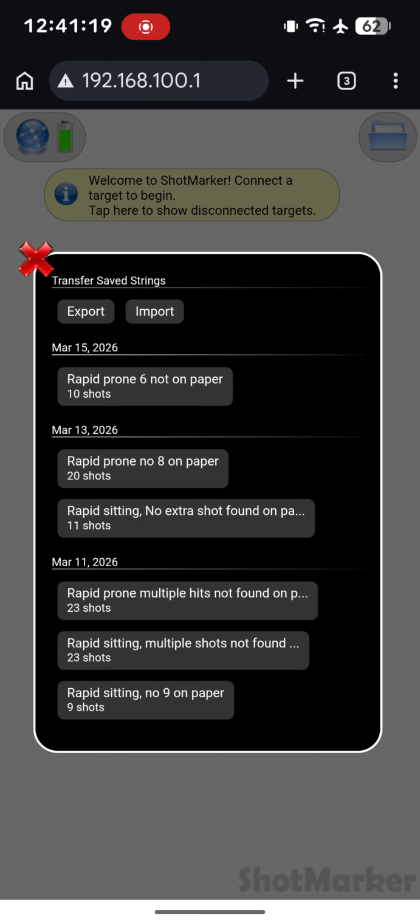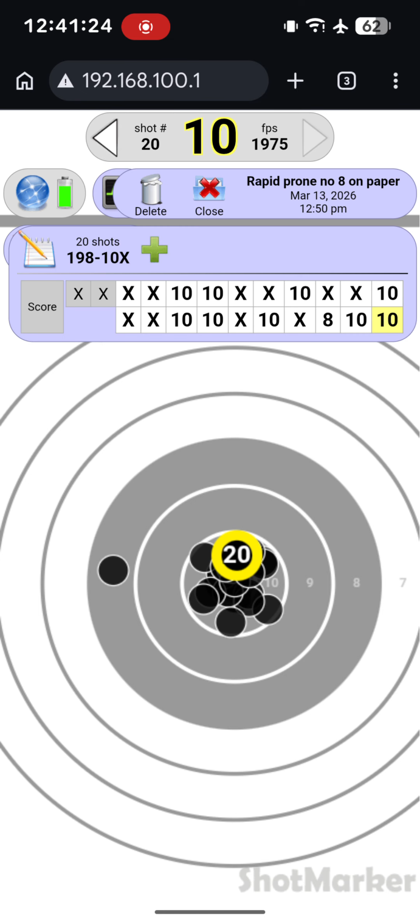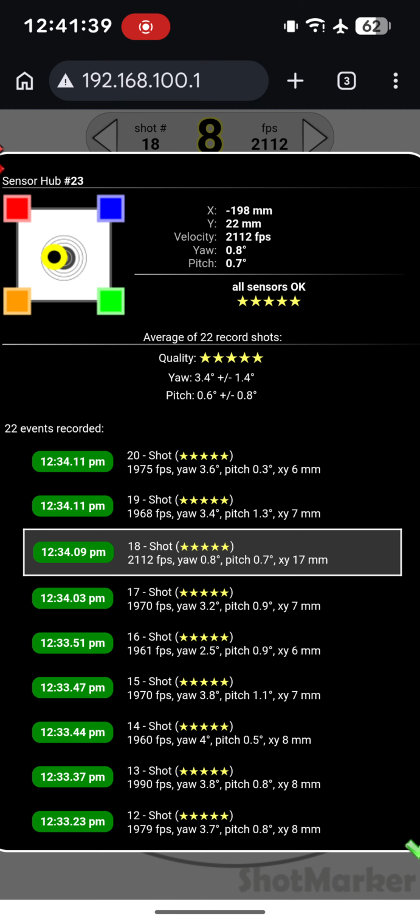Let's look at the next example. This is also rapid prone. So similar, there's a shot reported to be an 8. And if we look at the sensor monitor for shot 18, right here, we can see that the velocity is very different. The yaw is different. Pitch looks fine. All the sensors fired.